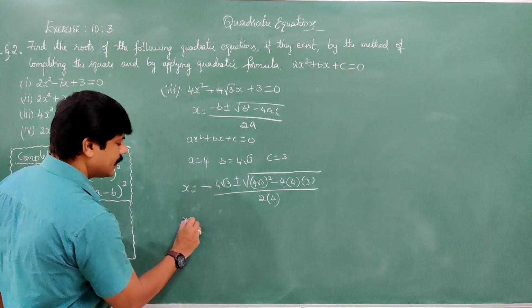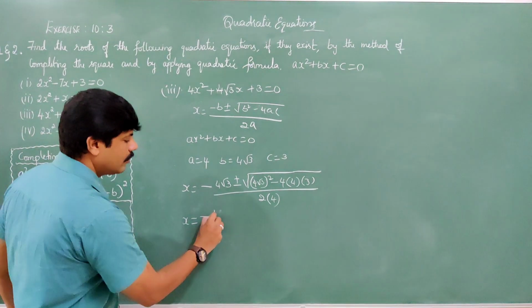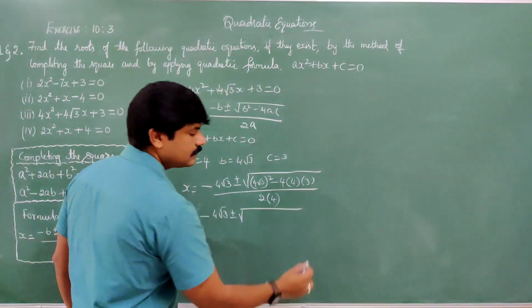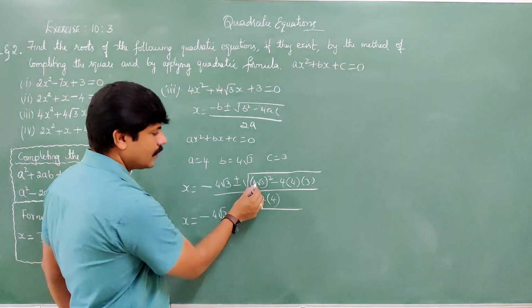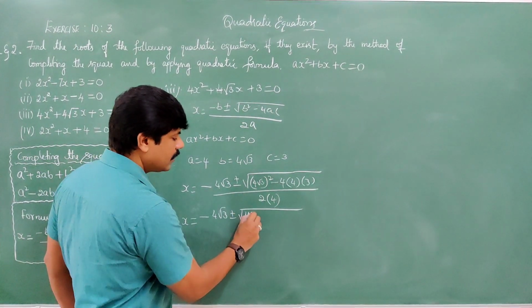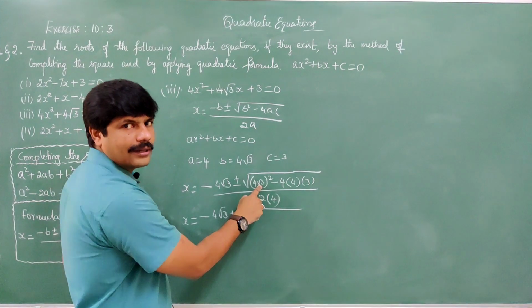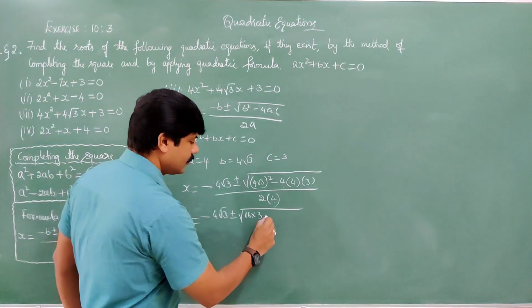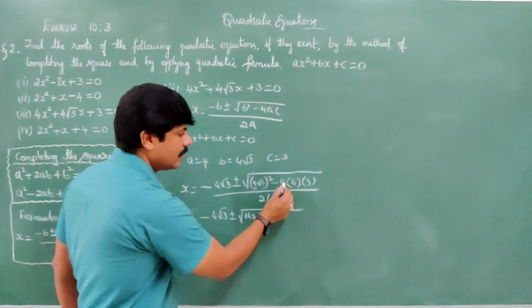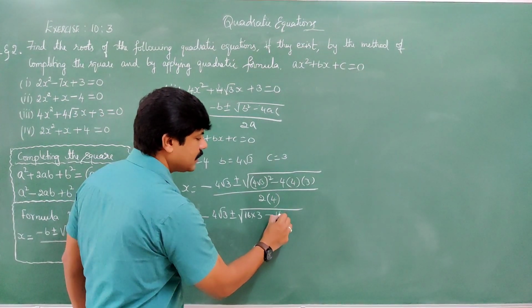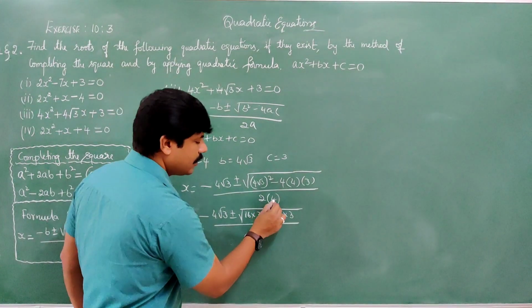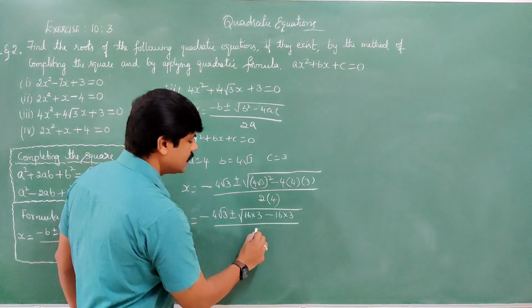Now x is equal to minus 4 root 3 plus or minus the square root of 4 times 4 is 16, root 3 into root 3 is 3, minus 4 times 16 into 3, whole divided by 4 times 2, which is 8.